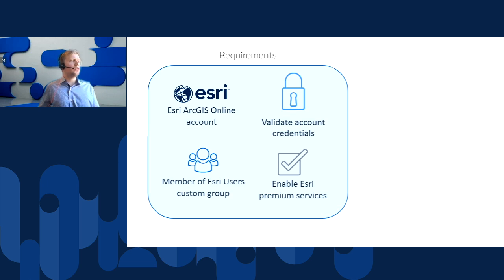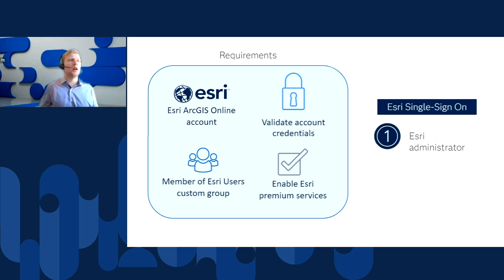It is also possible to configure single sign-on access to Esri services as of the 2023.06 release of SAS Viya. There are two steps to do that. There's some setup that needs to be done by your Esri administrator, whoever's in charge of your Esri system, as well as by your SAS administrator.